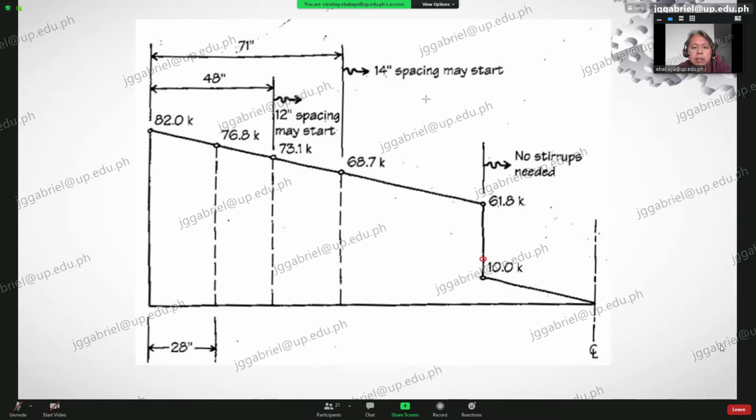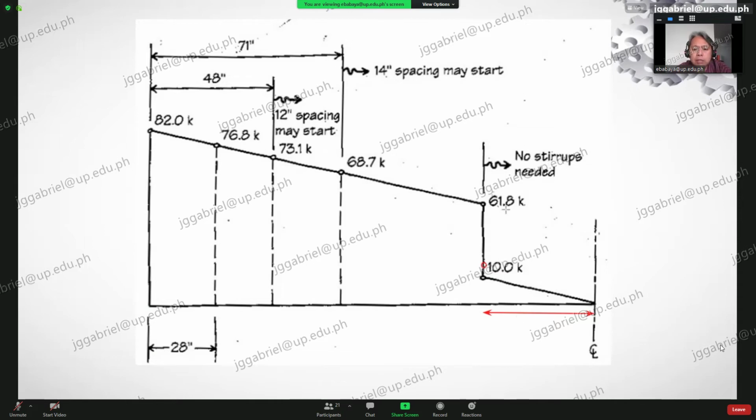So the part where you don't need a stirrup is this part. Itong part na to, from here up to there. Kasi nandito yung 21.1 is here.